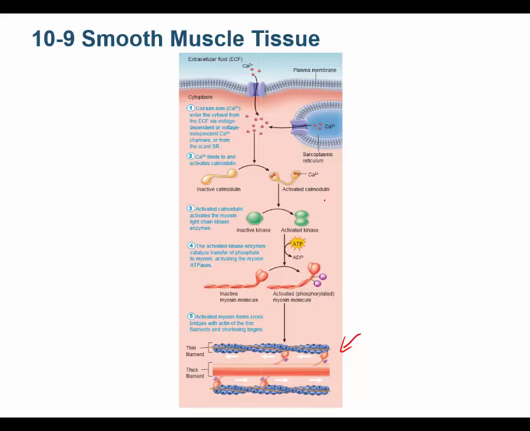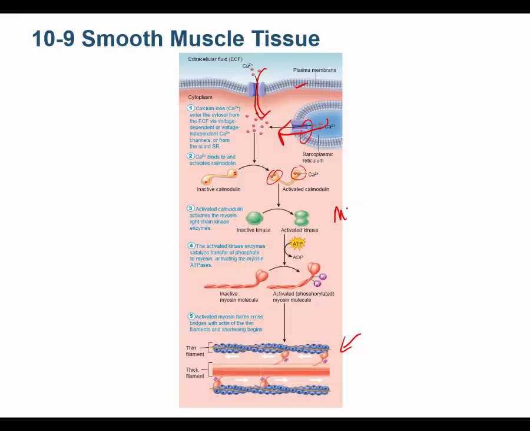The depolarization wave comes across the plasma membrane, and it opens voltage-gated calcium channels, and calcium rushes in. In addition, that depolarization wave opens calcium channels in the sarcoplasmic reticulum, and calcium rushes in. The bottom line is the cytoplasmic calcium skyrockets. That calcium binds a protein called calmodulin, and it looks like this when the calcium's bound to it.